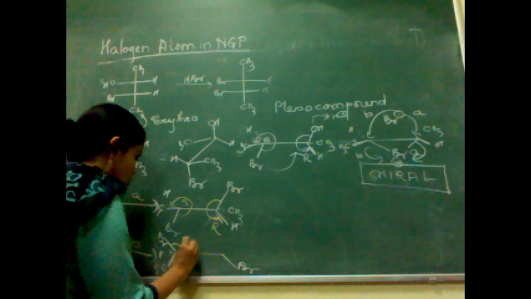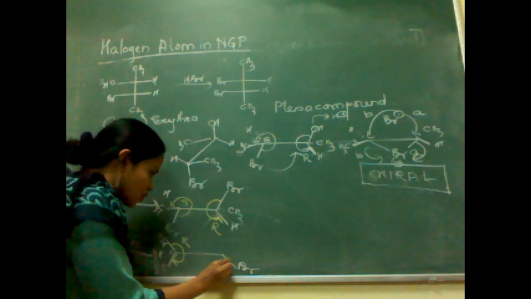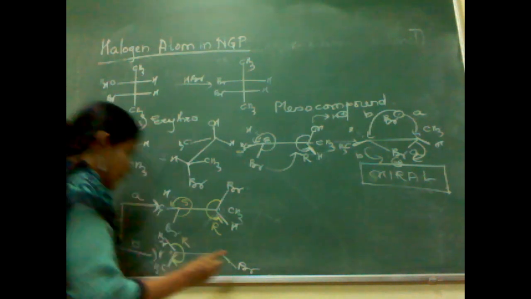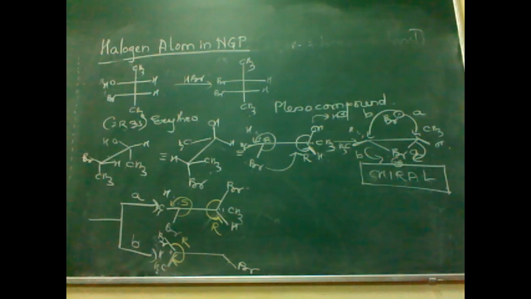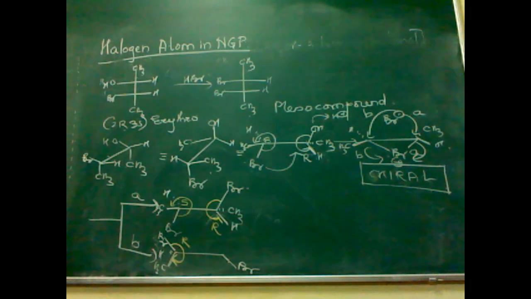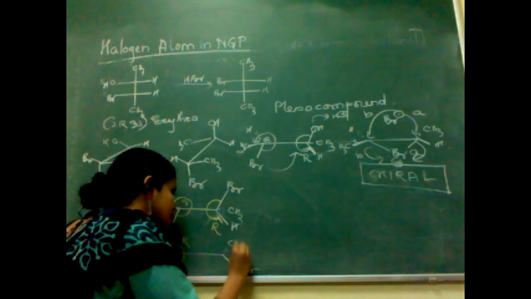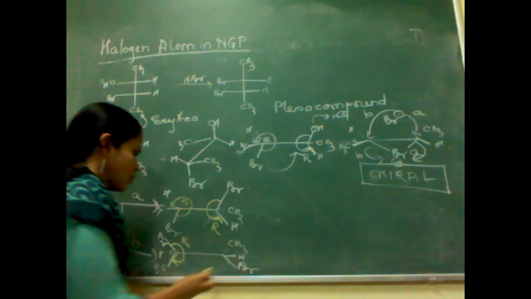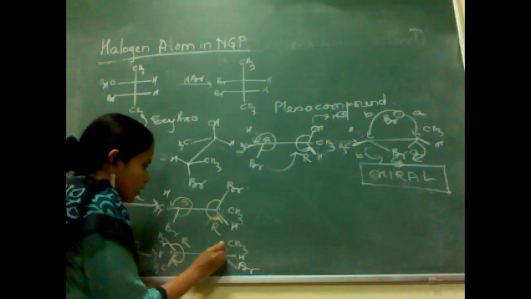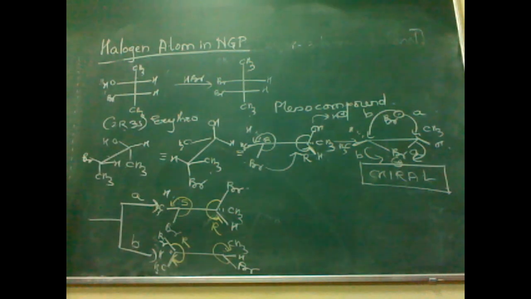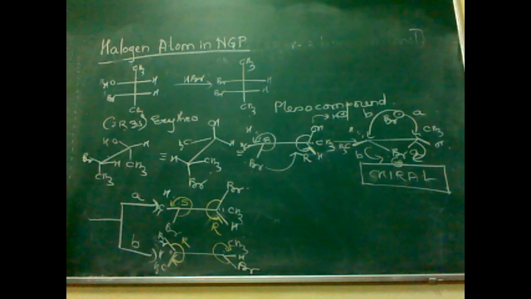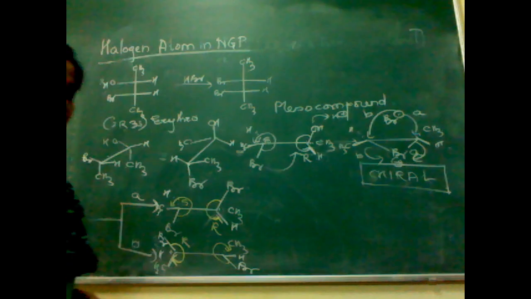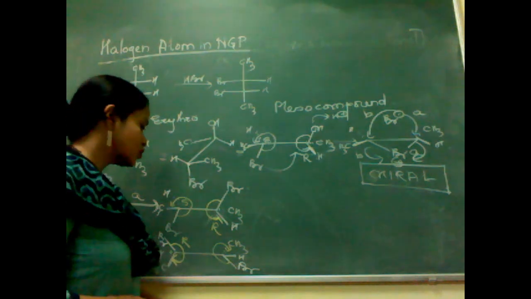So this is R. Now we haven't written the methyl groups and the hydrogen on this particular carbon. So you have this methyl group and you have this hydrogen. The bromo group is now going in clockwise direction, but the group of lowest priority is coming towards the observer.